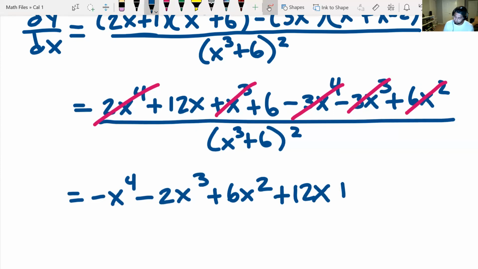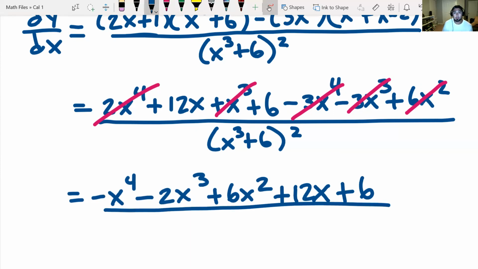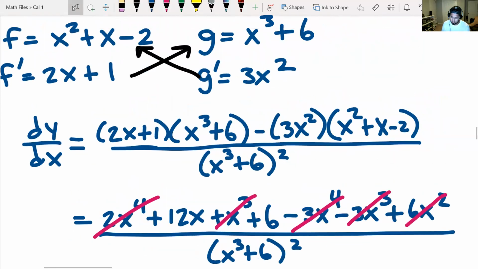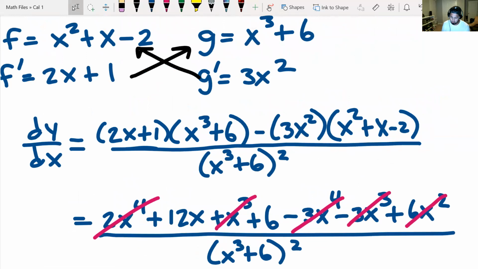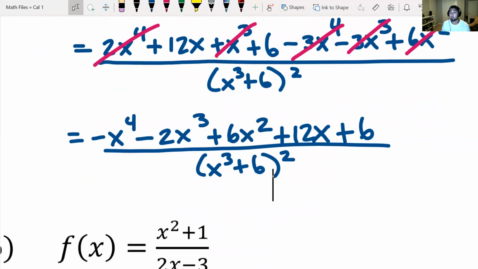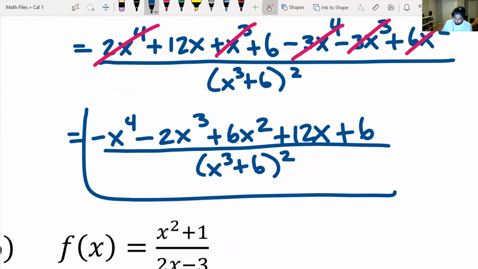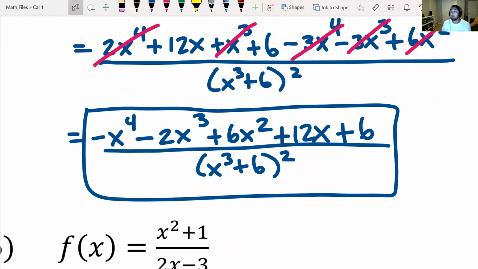Plus 12x plus 6. All over x cubed plus 6 squared. And there's not much else we can do. That one's done. And that's how you do quotient rule. Follow the formula, we'll be okay.